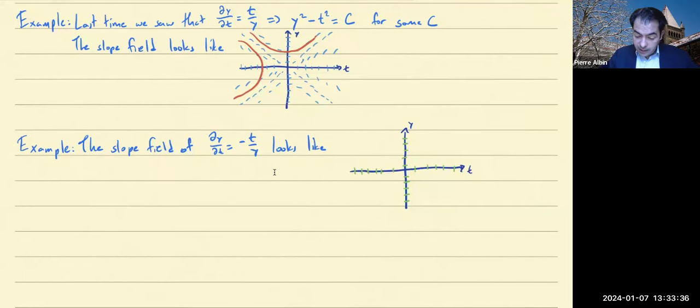If we're on the diagonal t equal to y, then here we'd have slope -1, like that. Whereas if you're on the anti-diagonal, y equals minus t, then the slope would be 1.